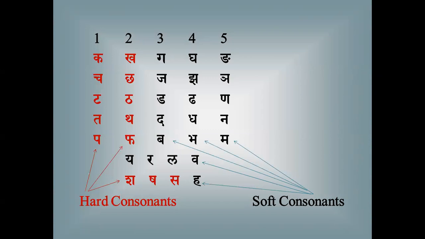They are Kathora Vyanjanani, hard consonants. The rest are soft. Simple. If you remember that, you don't have to say 3, 4, 5 and semi-vowels plus the last sibilant are soft consonants. It is understood.